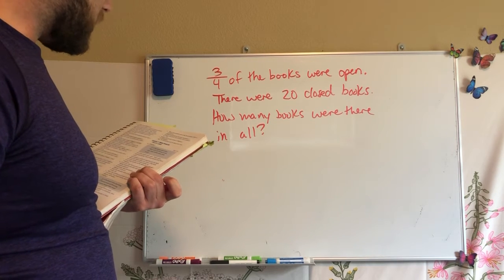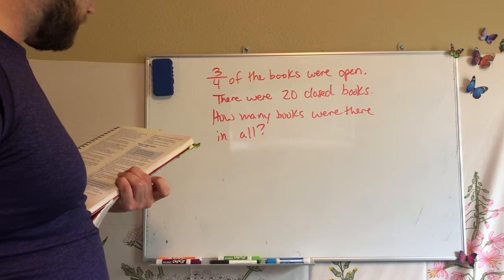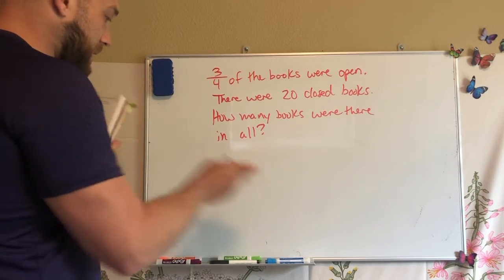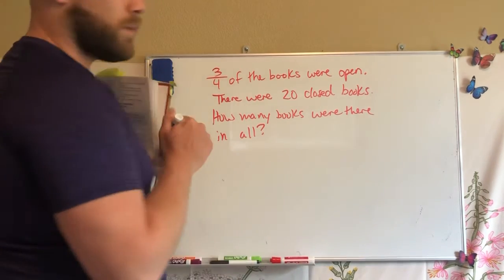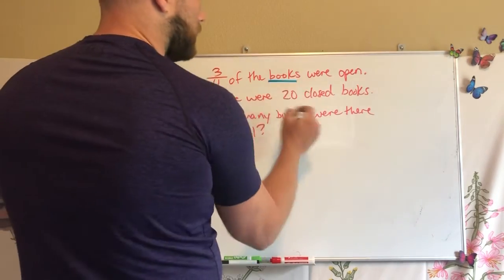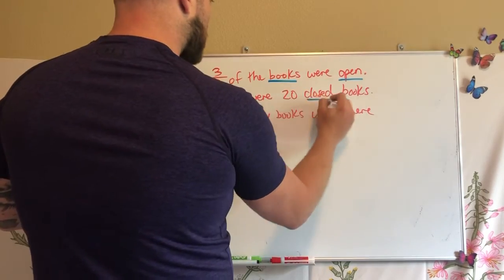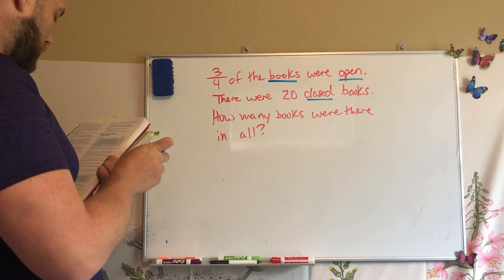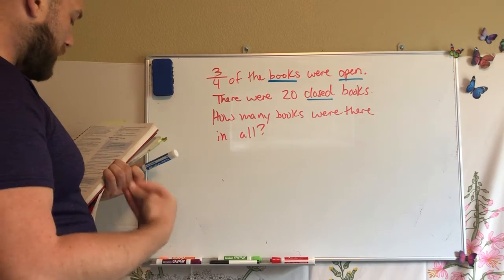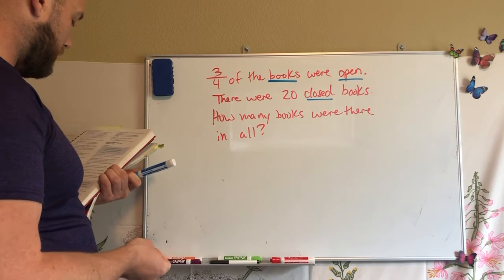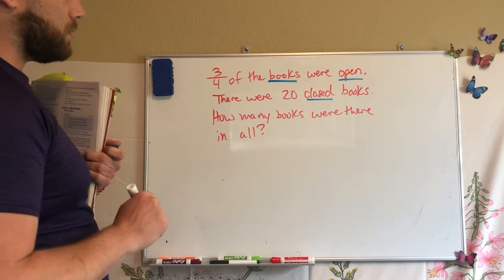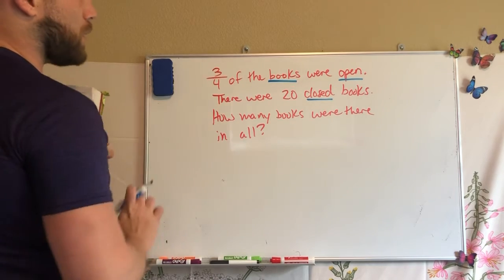So you're going to write the equation for the facts. How many names does it list? We have 3: books, open, and closed. We know 3/4 of the books were open.